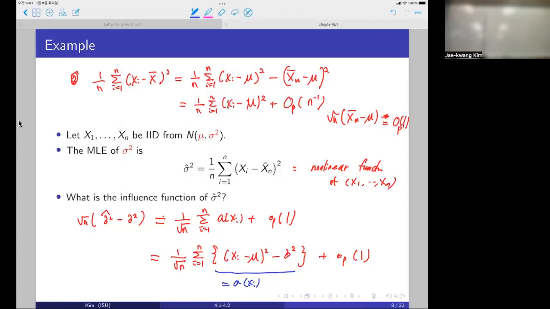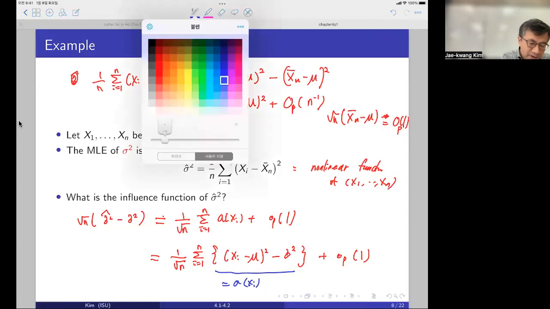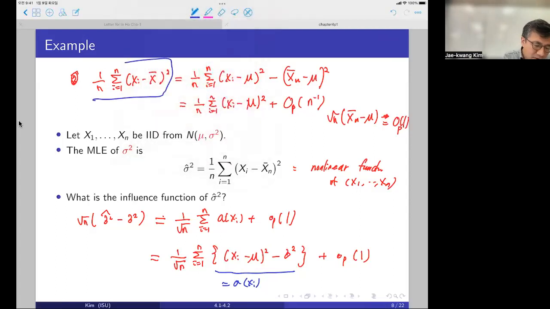Basically what I did is to put it to here, so this is sigma square, then subtract sigma square and take root n on both sides, and then you end up getting this. Okay, let's move on.